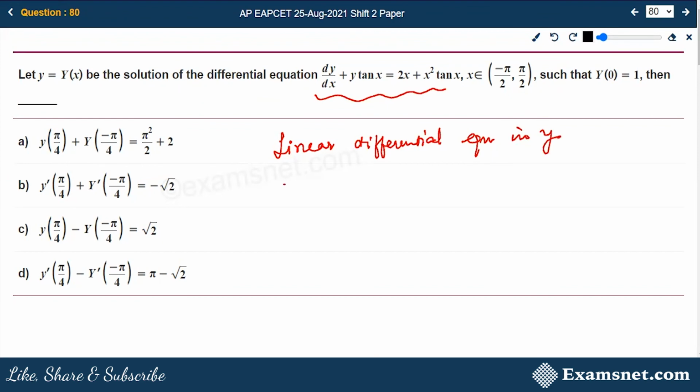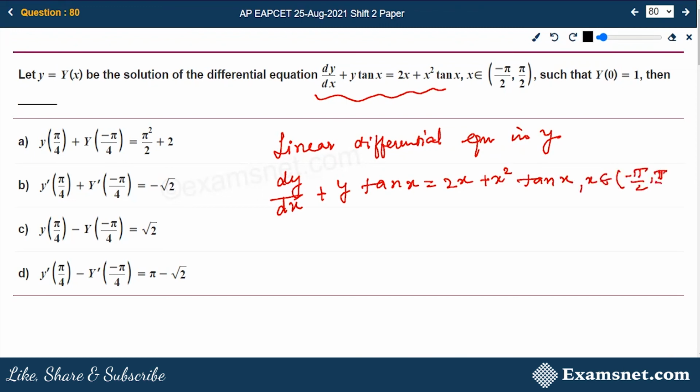So this is the one: dy upon dx plus y tan x is equal to 2x plus x square tan x, where x belongs to minus pi by 2 to pi by 2. On comparing this, what is the general form of the differential equation?